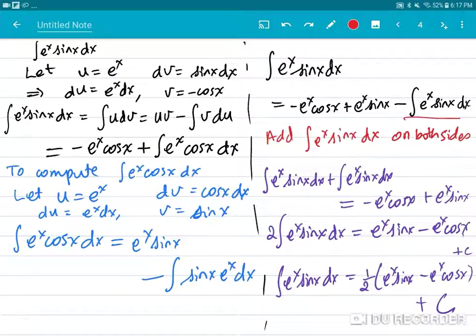However, if you bring this up to this side, if you add that, then you don't really need to integrate it, because you have the integral on one side, twice of the same thing on the left side. So just divide by 2. That will give you the integral. Okay, so the integral of e to the x sine x becomes this expression. All right.